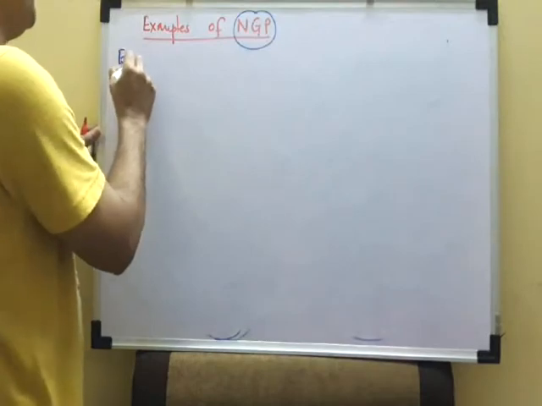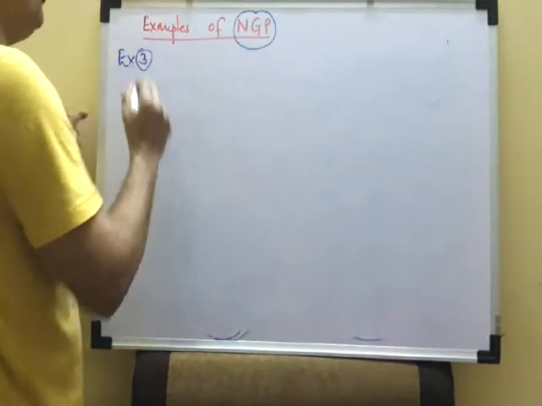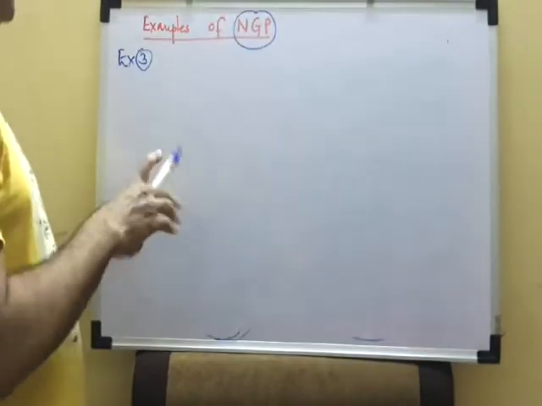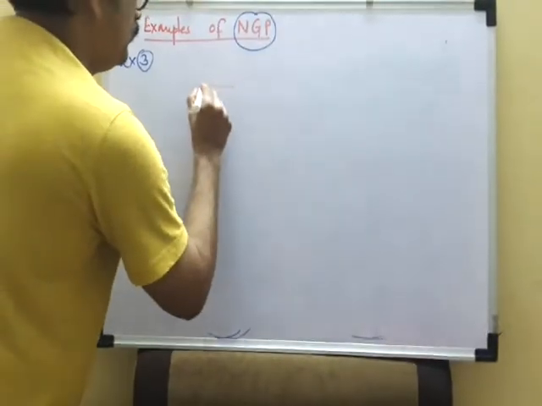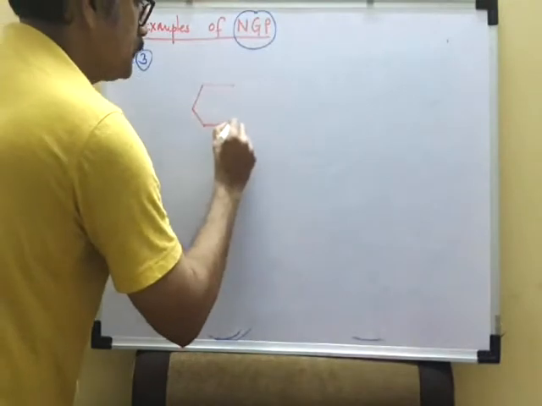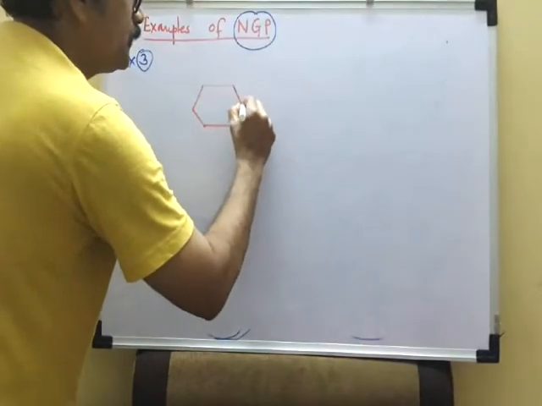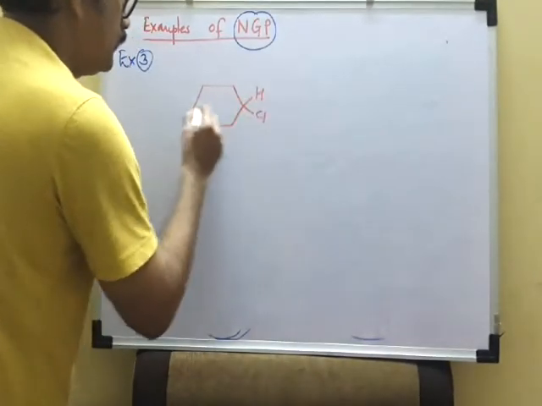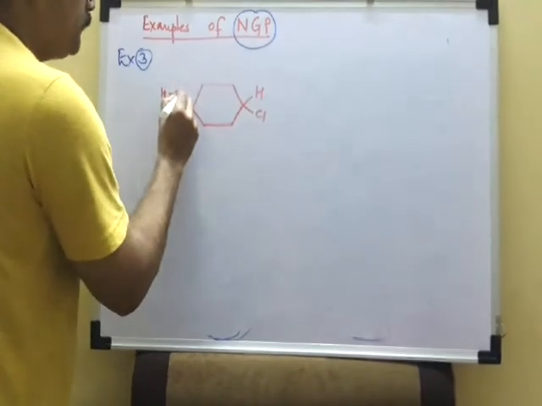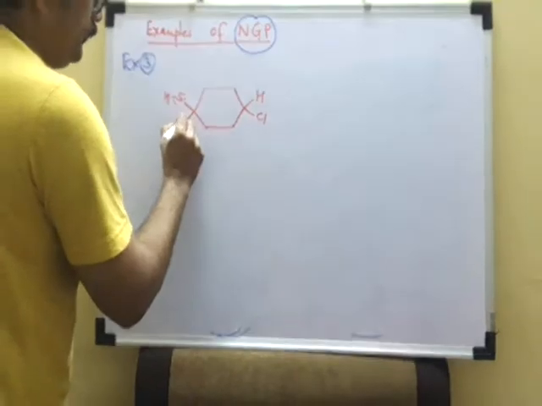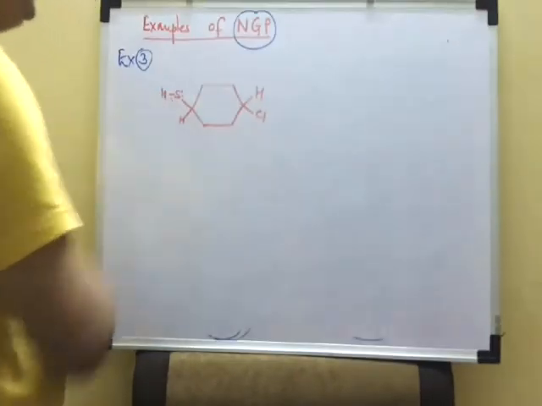Now we'll ask third example. So this time I'm using word I will ask because this is somehow tricky. SH instead of, I am using S again, but instead of methyl group I attach here hydrogen.